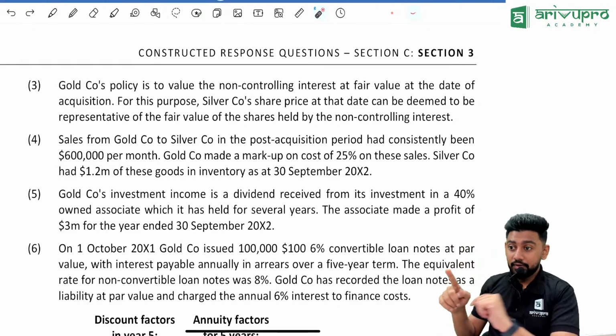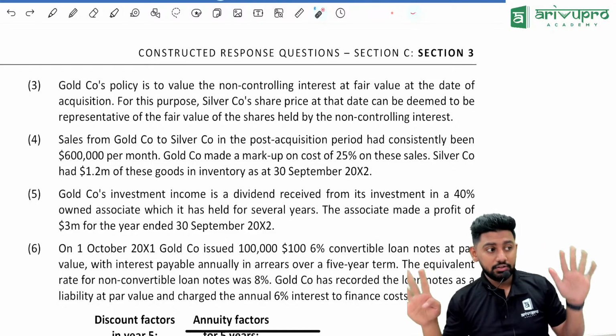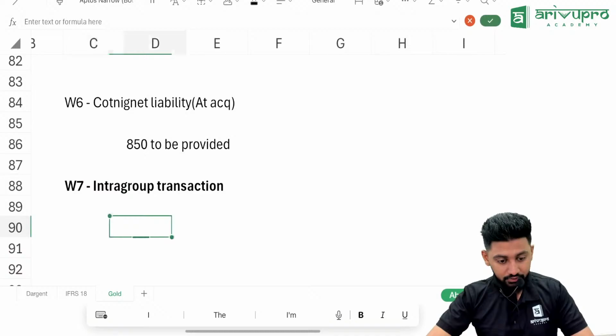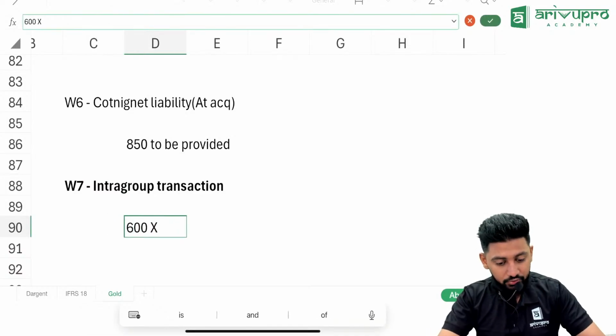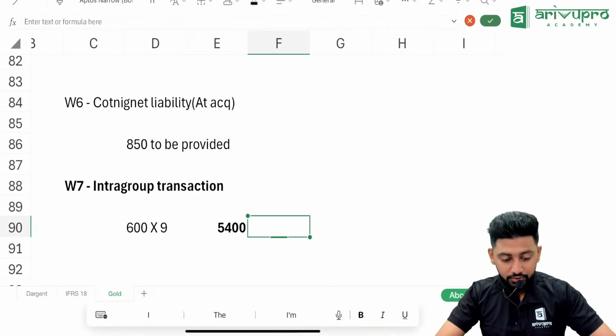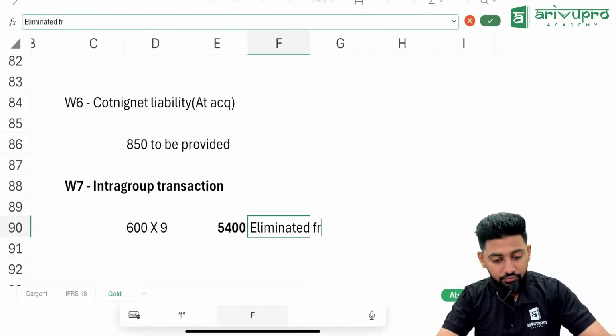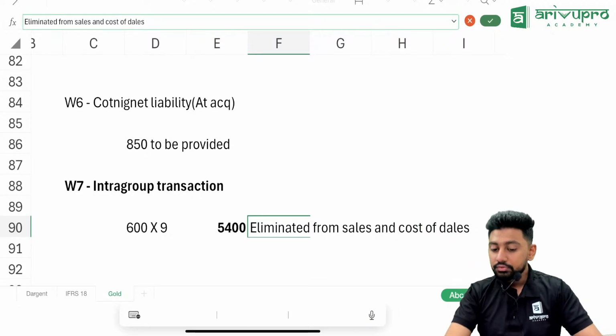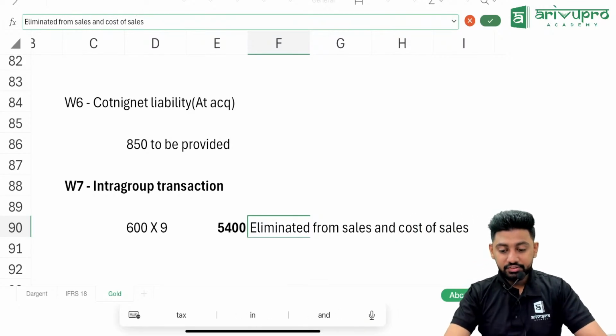For how many months? 9 months gone. So 600 into 9 is 5,400, eliminated from sales and cost of sales.